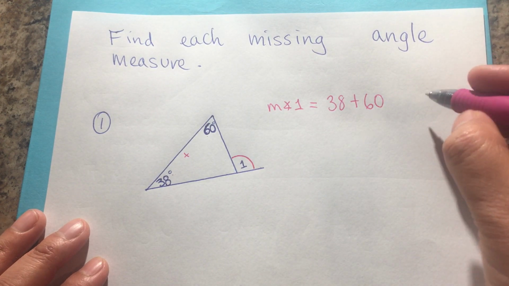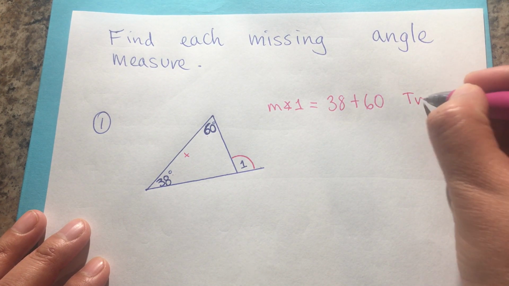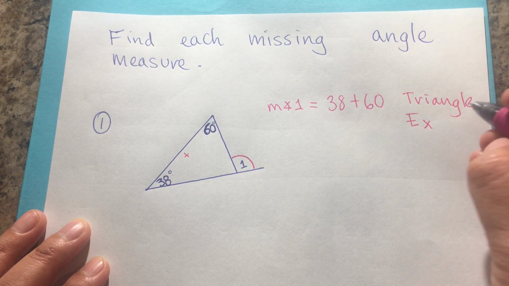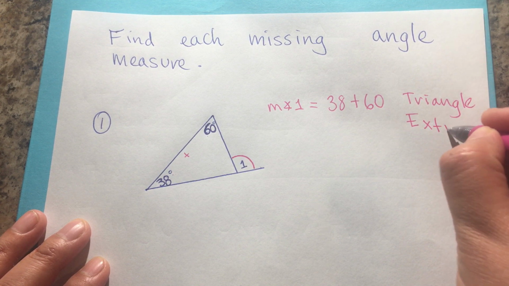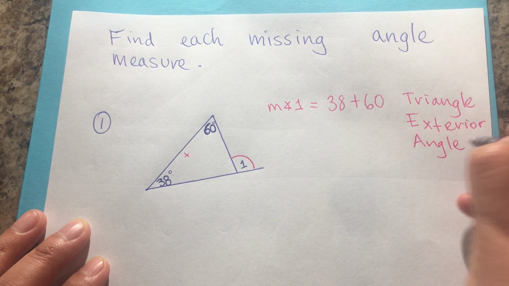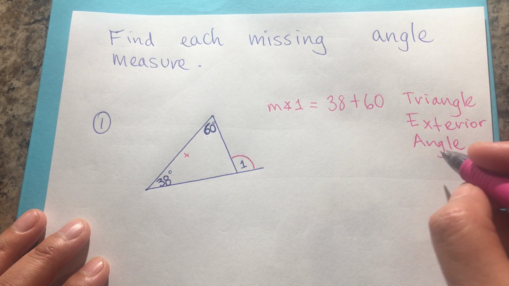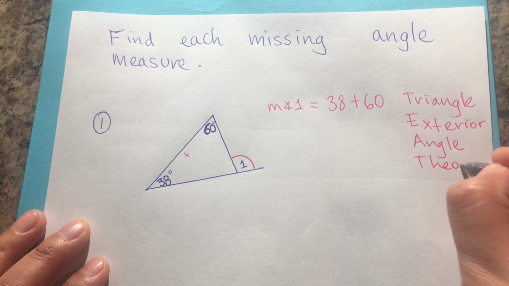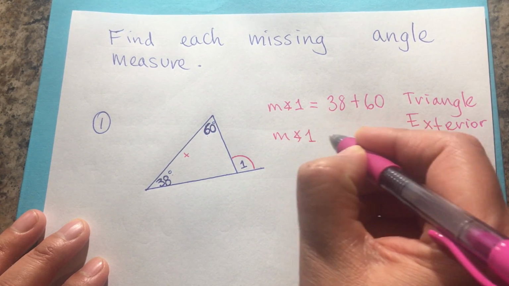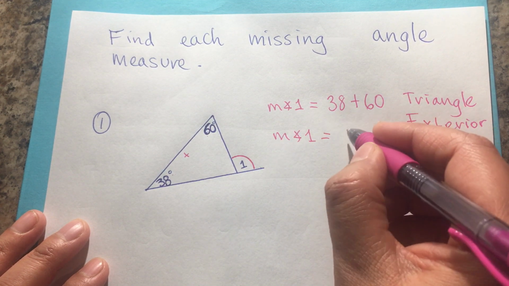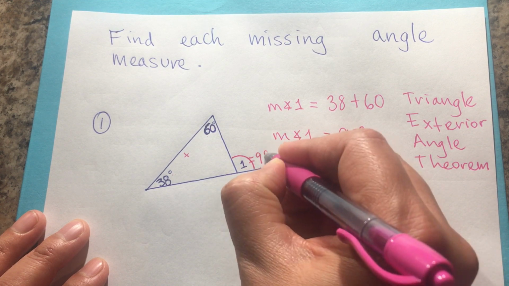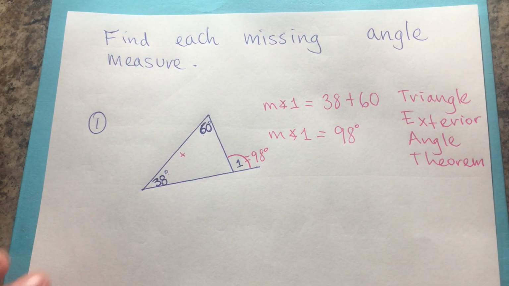And again, the reasoning is because of the triangle exterior angle theorem. And it's easy, all you have to say is the measurement of angle 1 is equal to, if you add this together, 98 degrees. Okay, so this is 98 degrees. Simple.